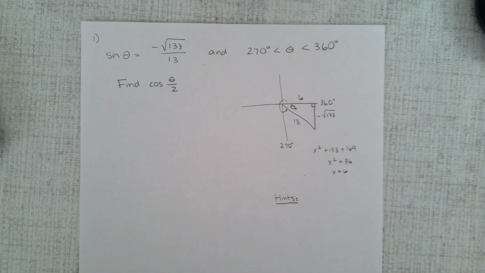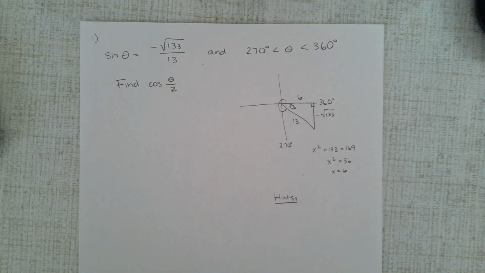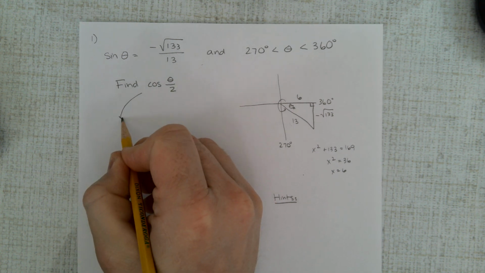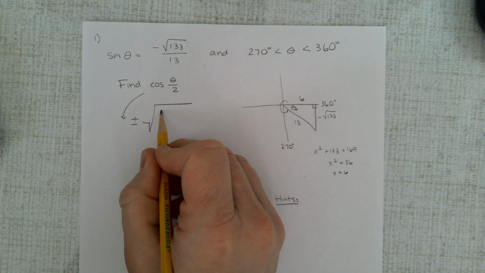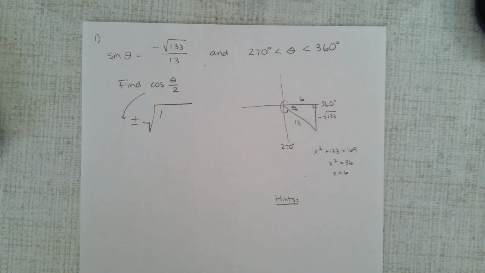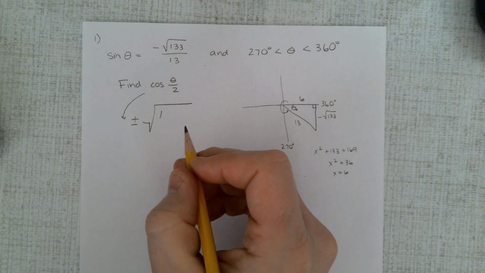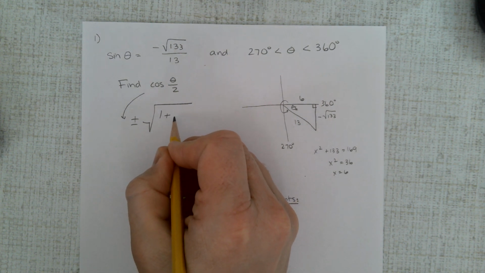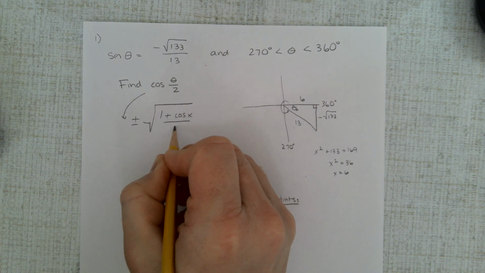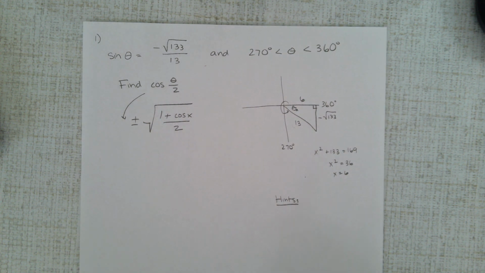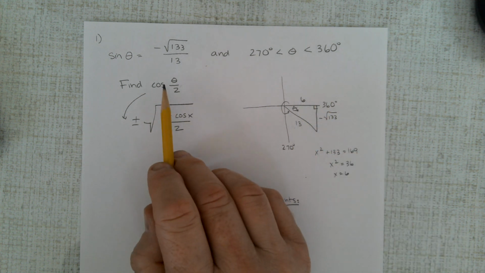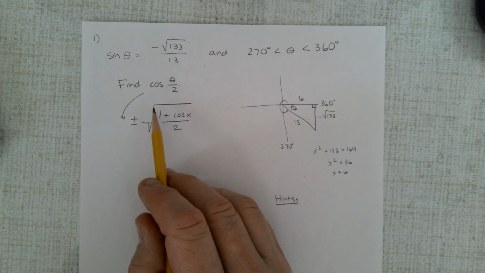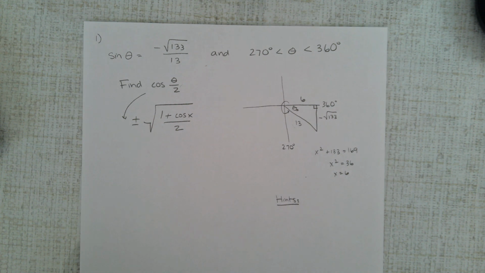If you want to find the cosine of a half angle, you have to use the formula, and the formula is that we have plus or minus the square root of 1 plus cosine of x over 2. That's the formula we have to use. If you want to take theta and divide it by 2, you cannot just divide it. It does not work with the trig formula. You have to use this expression right here to figure it out.